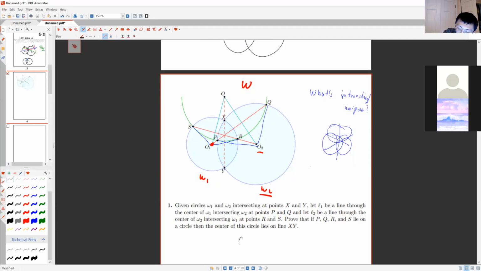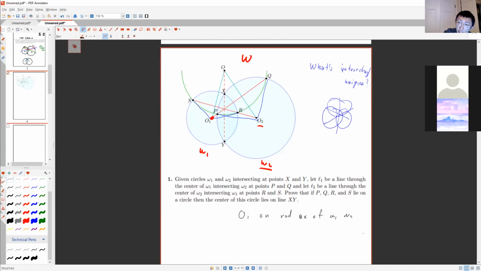So let's use that. O1 is on the radical axis of omega and omega 2. So what does that say about O1, right? Power of O1 with respect to omega equals power of O1 with respect to omega 2.